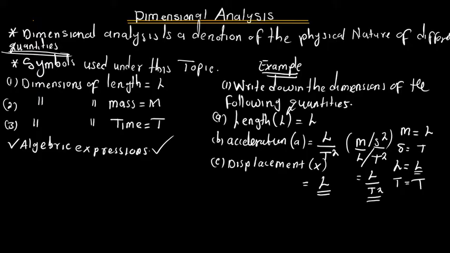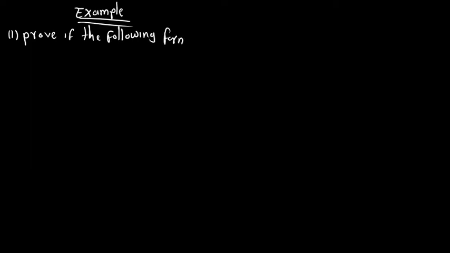Now, how about, for example, let's try to do some examples. How about if you are given a question where they say, prove if the following formula is dimensionally correct.